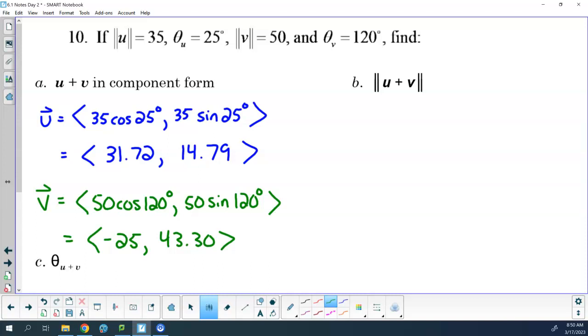Then our vector u plus v would be the vector where I add those two together. Well, that one's pretty easy. That one's just going to be 6.72. Then I'm going to add these two together, and that's going to be what? 58.09?